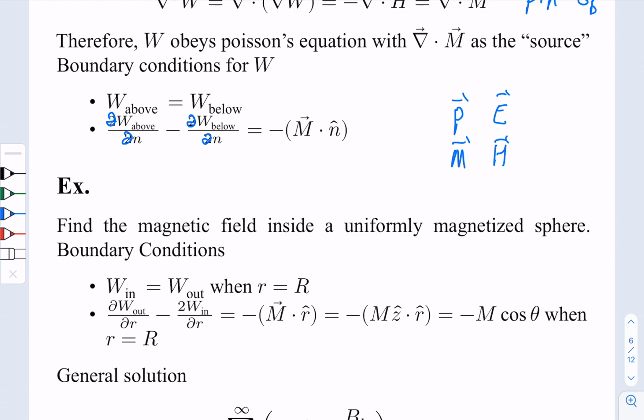Here, for the uniformly magnetized sphere, one of the conditions is the first one: the inside W and outside W are exactly equal to each other.